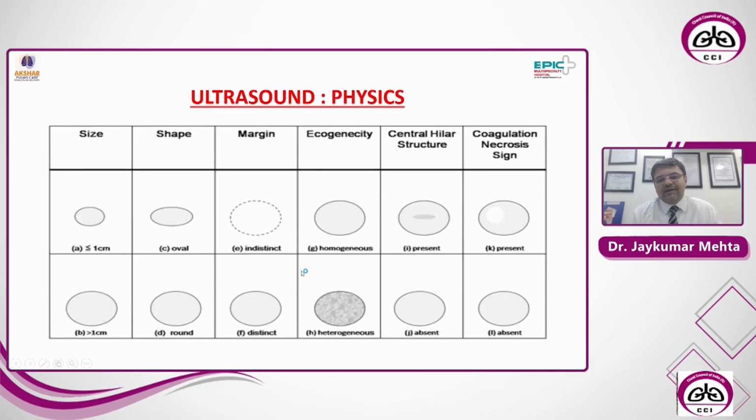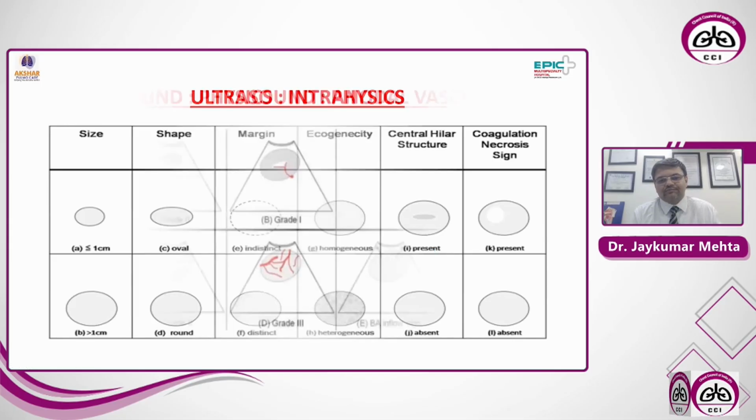As is depicted in this image, if the size is less than or equal to 1 centimeter, if the shape is oval, if the margins are indistinct, if it is homogeneous, or if the central hilar structure is present and coagulation necrosis sign is negative, then it means that this can be some benign pathology, while all others may indicate malignant potential.